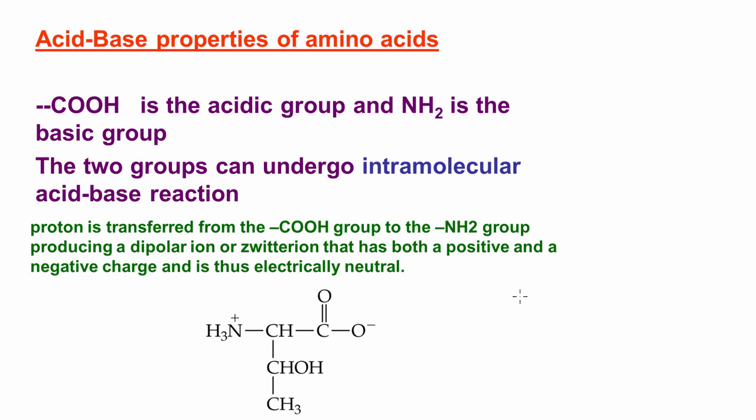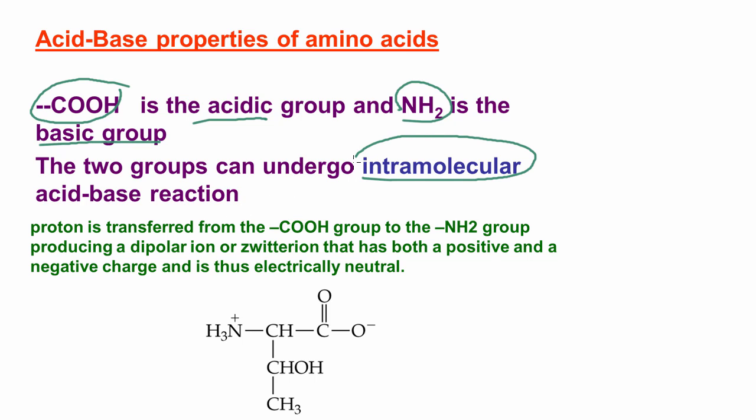So obviously, these amino acids have acid-base properties. The carboxyl group obviously is the acidic group, and the amino group is the basic group. And as I said before, these groups can undergo what we call intramolecular, meaning within the molecule, acid-base reaction.